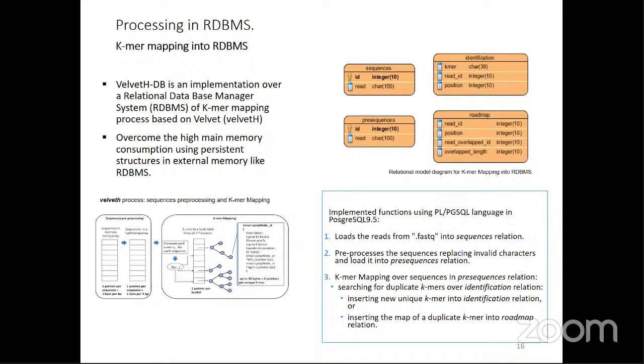Another case of external memory processing is an implementation that our research group developed, implementing the K-mer mapping in a relational database management system based on the Velvet algorithm, in order to mitigate the high memory requirements by using a persistent structure in external memory.